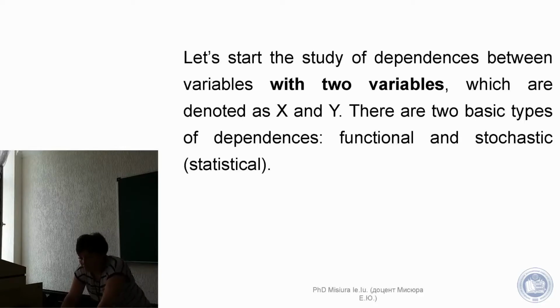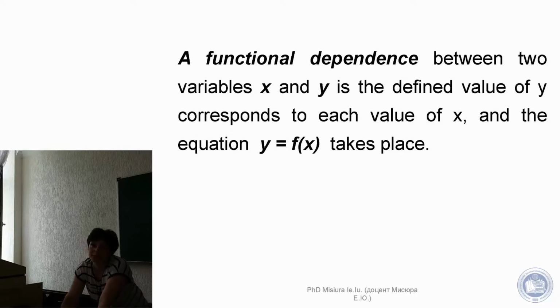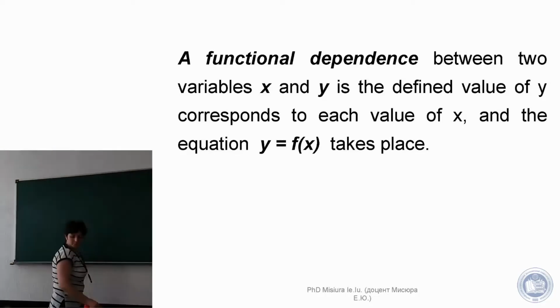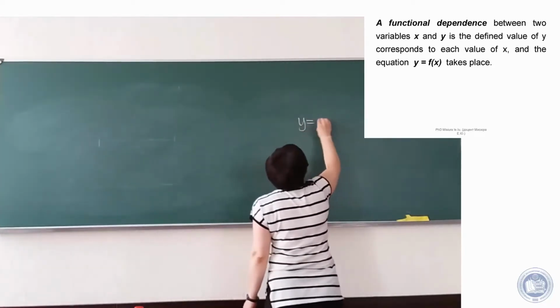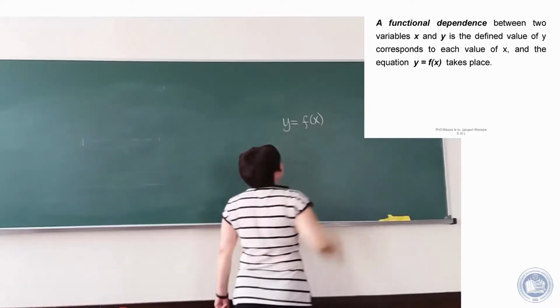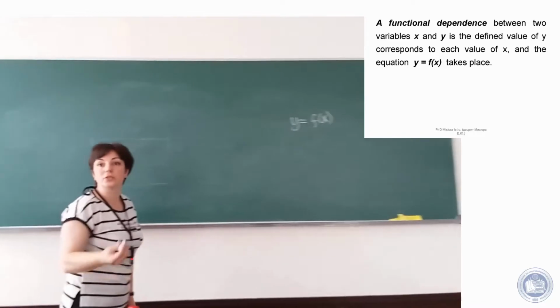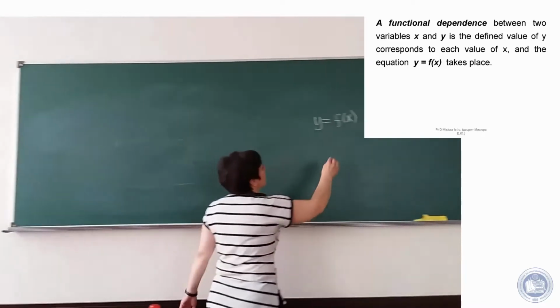Let's remember, if you have dependence between x and y, it means the first variable is independent, the second variable is dependent. For example, if you have y equals f of x, it's the general formula for function, yes, it's dependence.